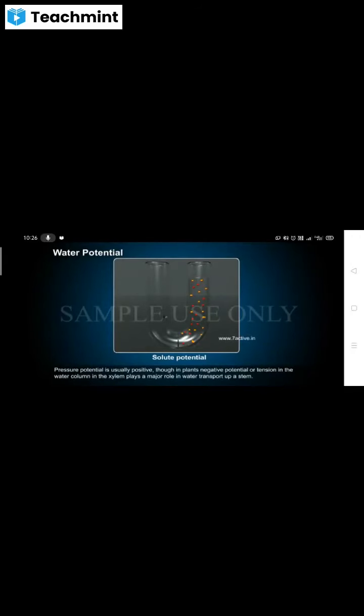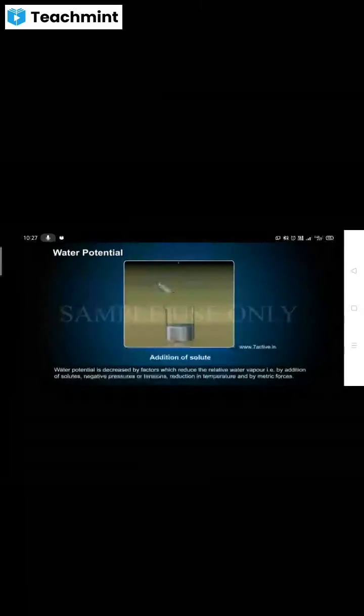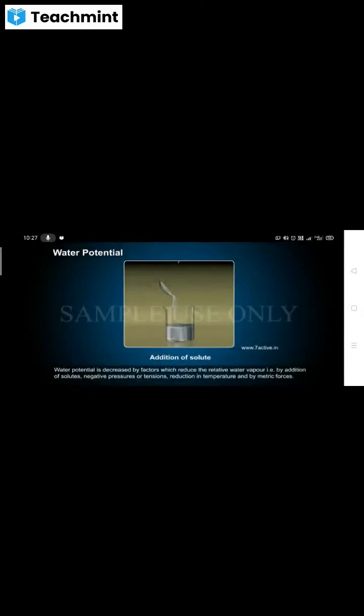The pressure potential is usually positive; in plants, negative potential or tension in the water column in the xylem plays a major role in water potential. This pressure potential is denoted psi P. The water potential of the cell is affected by both the solute potential and the pressure potential, so the relation is psi W equals psi P plus psi S.